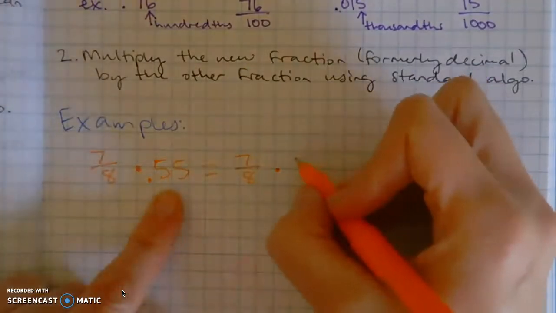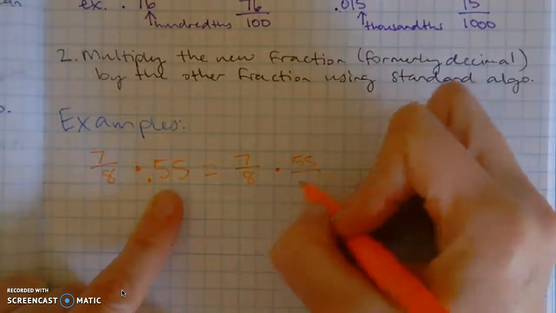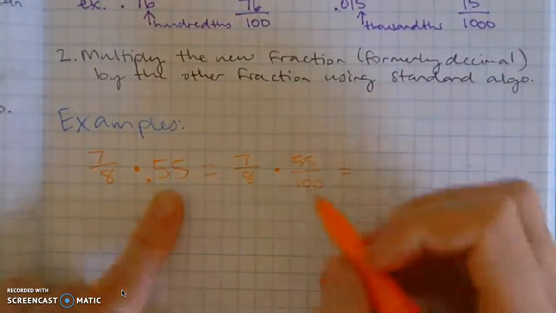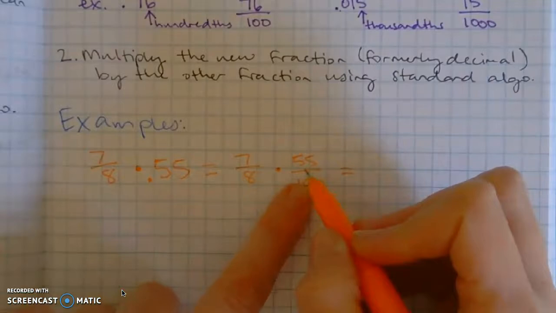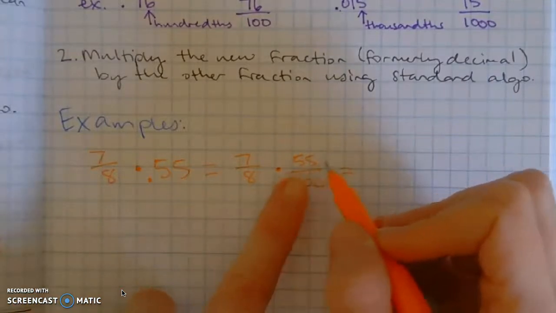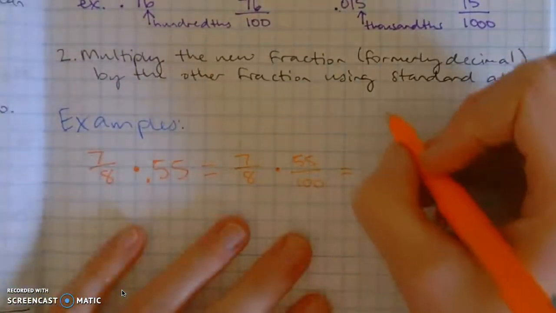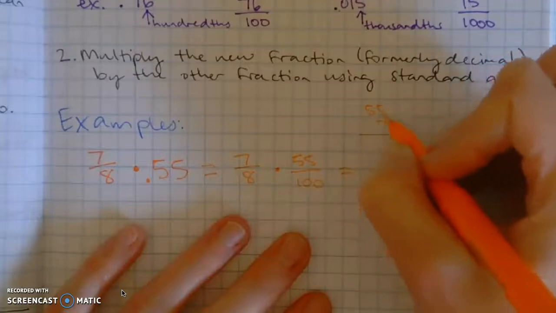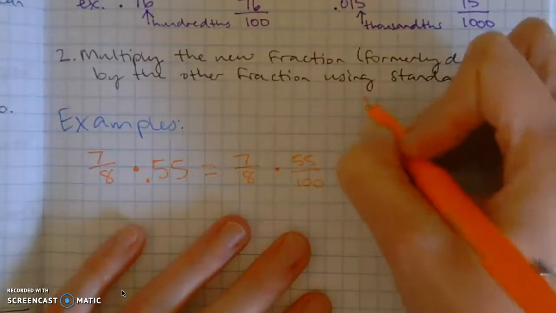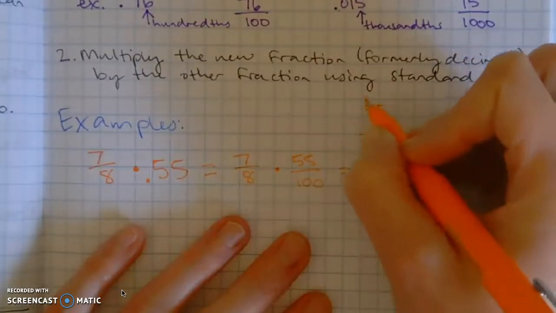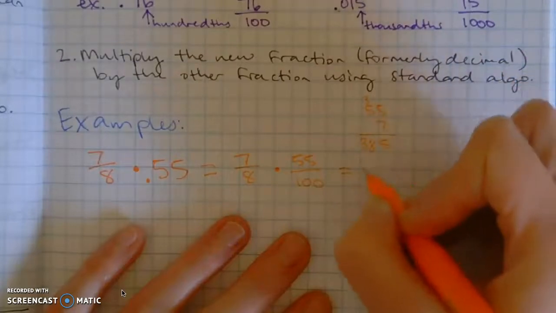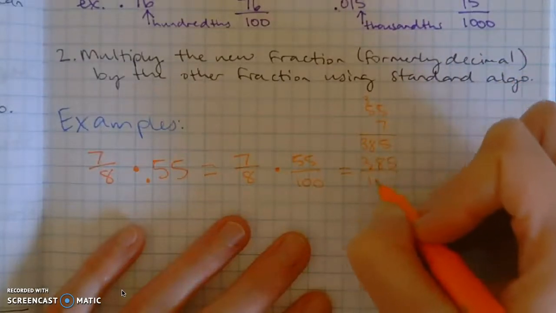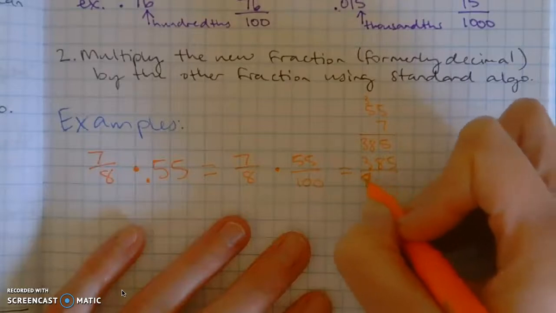So I'm going to do just 55 over 100. And when I multiply that out, 7 times 55, I had to do the standard algorithm. I already worked these problems out, so I did 55 times 7, 35, carried the 3, 35, 36, 37, 38. So I knew it was going to be 385 over 800.